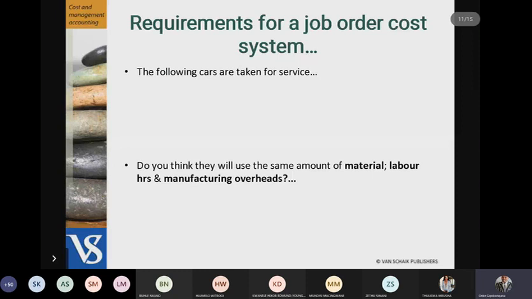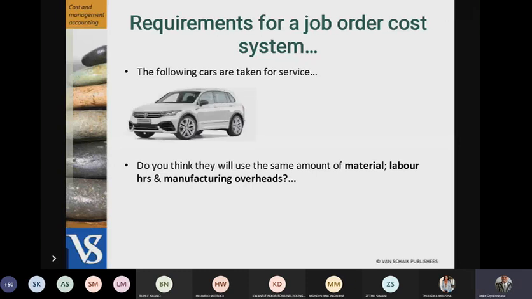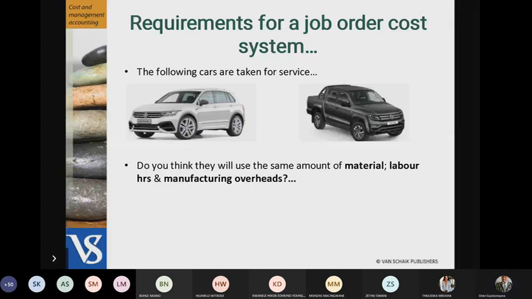Now we look at the requirements for a job. We say, for argument's sake, these are the following cars that are taken for the service. You've got your Tiguan, you've got your Amarok.